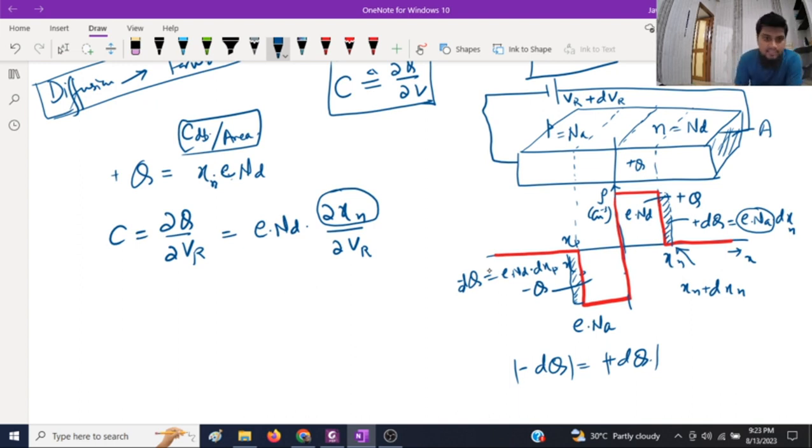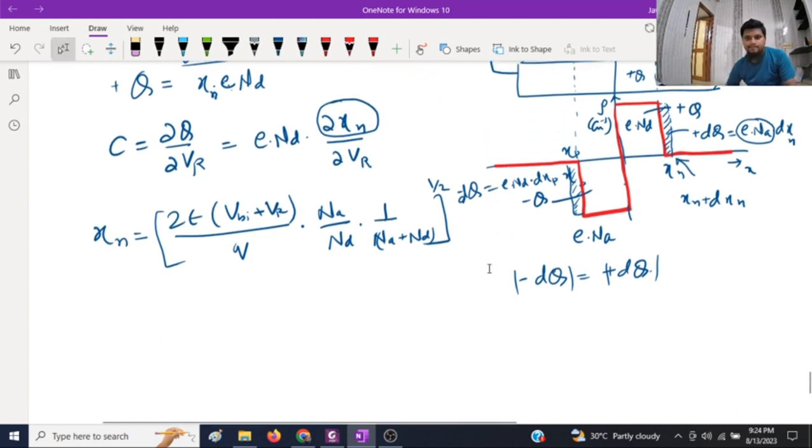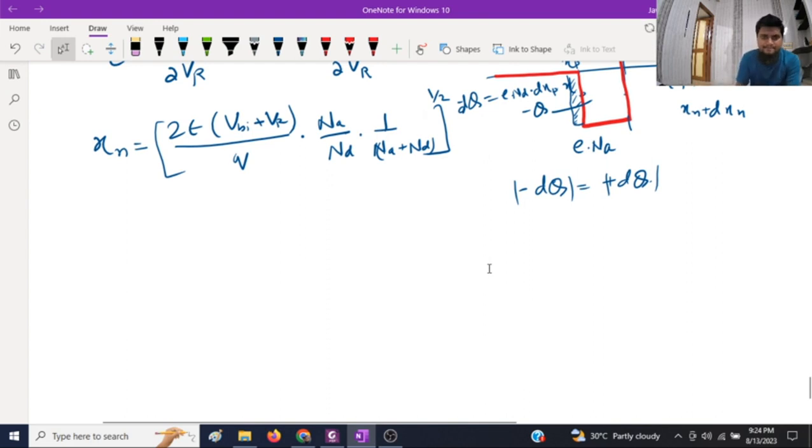When we were deriving the expression for the junction width, we already derived the expression for xn, right? So xn was equal to the square root of 2 epsilon (phi plus Vr) divided by q into Na by Nd into 1 by (Na plus Nd). So this was the expression for xn, right?